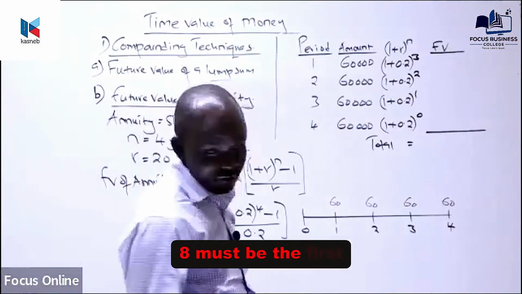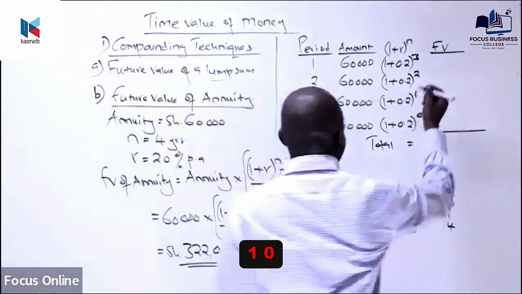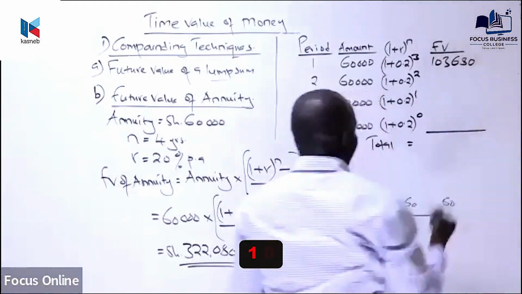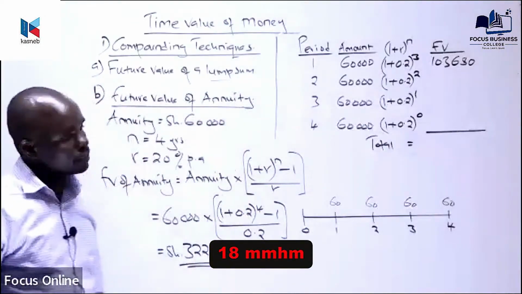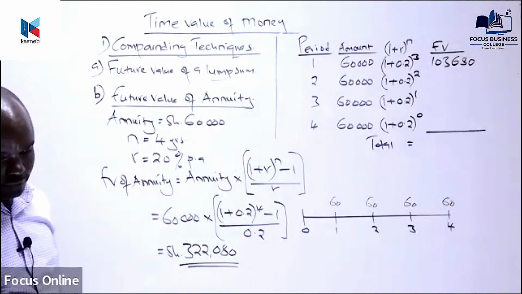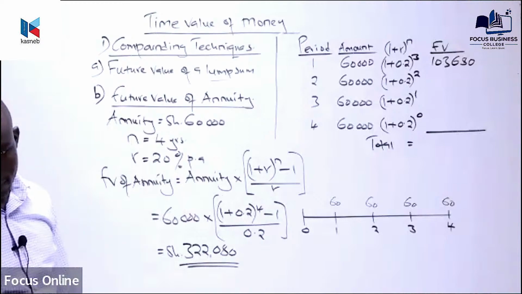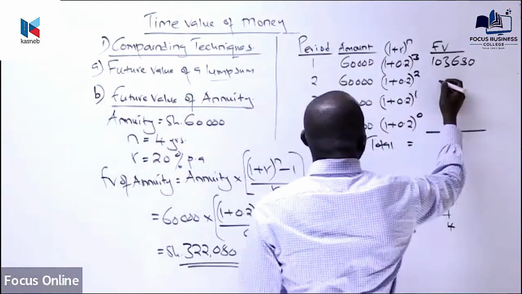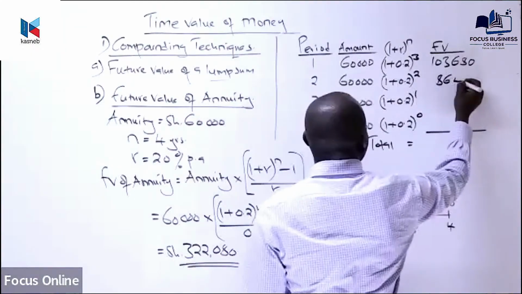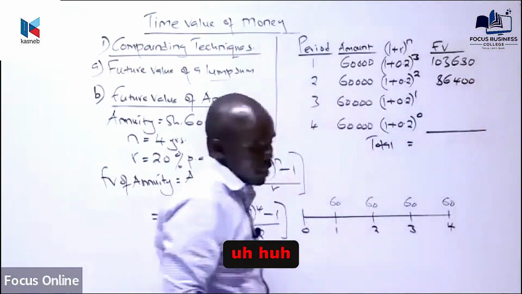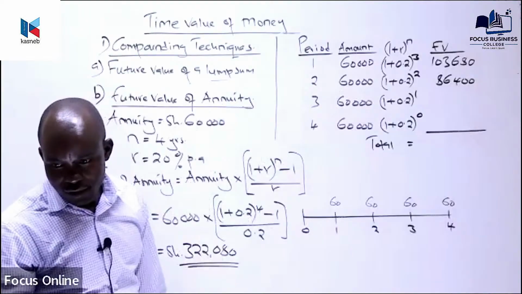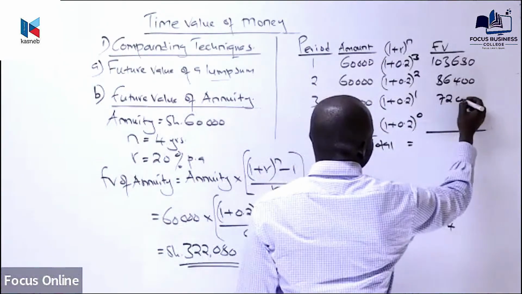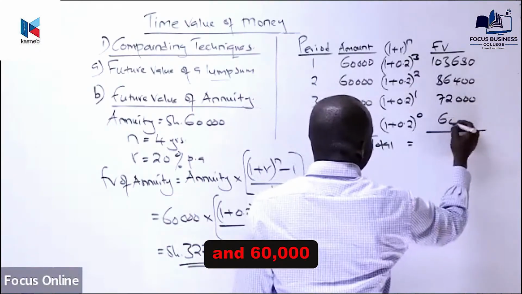103,680 must be the first one. Then 86,400, 72,000 and 60,000.